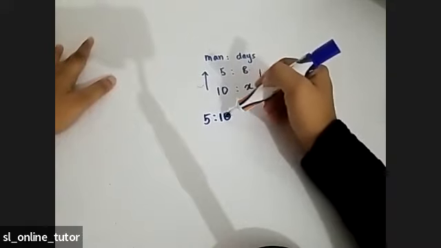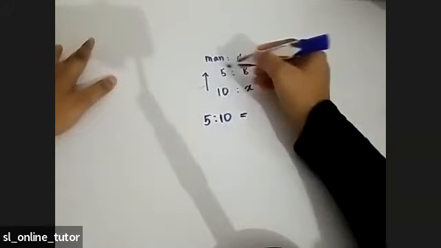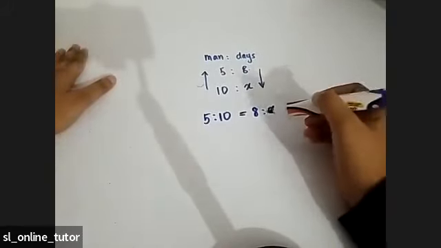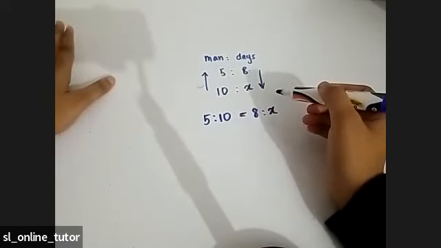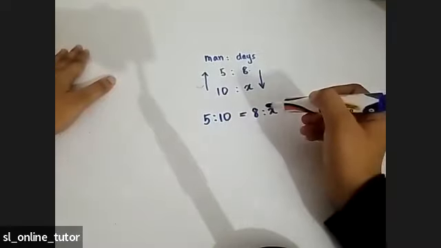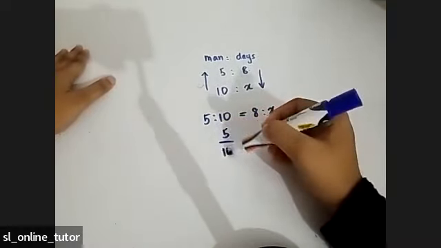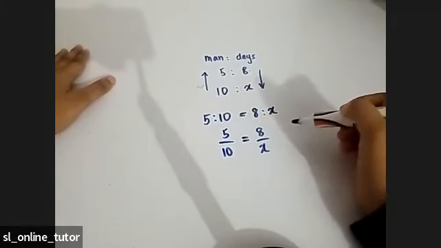Both these should be written together. 5 is to 10 is equal to 8 is to x. Then in grade 8 and 7, you have learned how to write ratios as fractions. So I can write the first number as numerator, the second number as denominator.